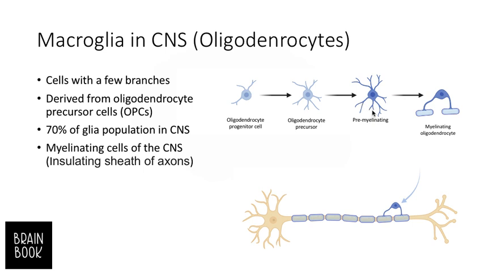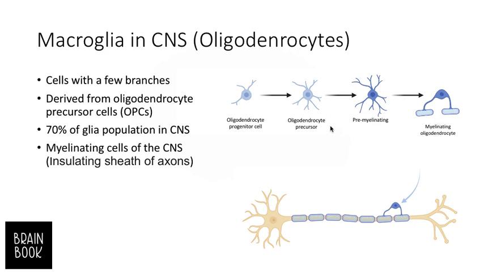The oligodendrocytes that are pre-myelinating are not able to myelinate the nervous system, and when they become mature, they are able to myelinate the central nervous system neurons, and they are called myelinating oligodendrocytes.